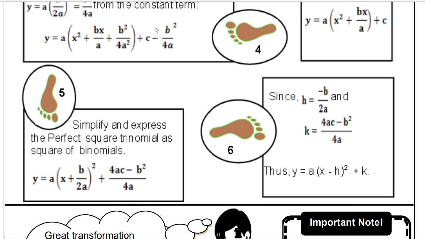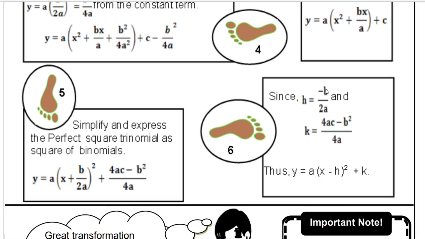Then you just simplify this by cross multiplication. So we have 4ac minus b squared, understood to be over 1, over 4a. That's why you have here 4ac minus b squared over 4a. Number 6.